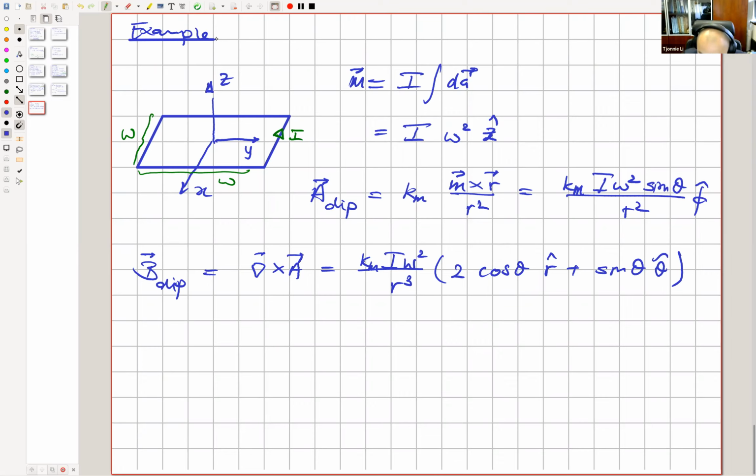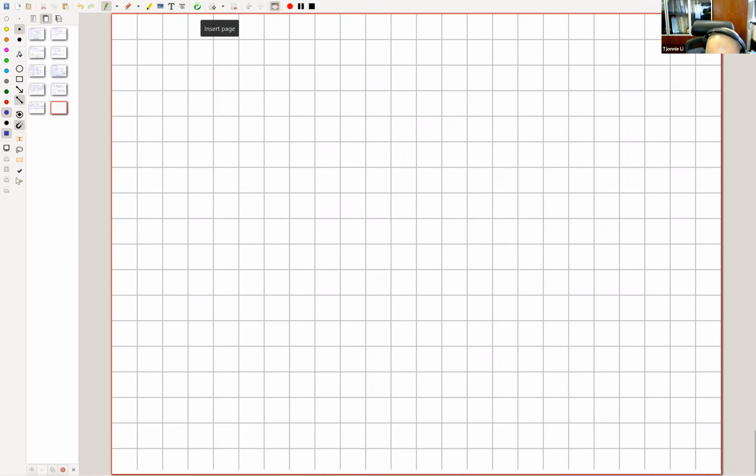So let's take a look, and we're going to call this so-called separation of variables. The reason why we call it this will hopefully be clear very soon.